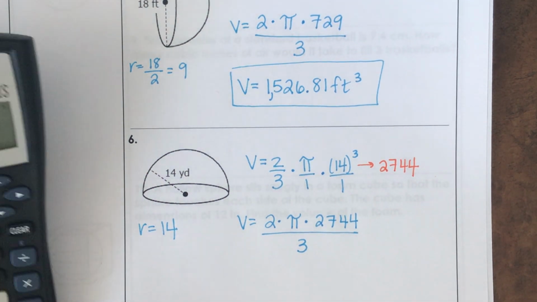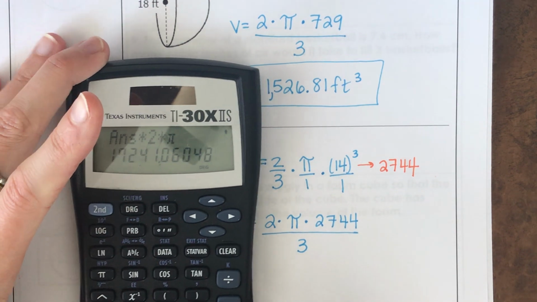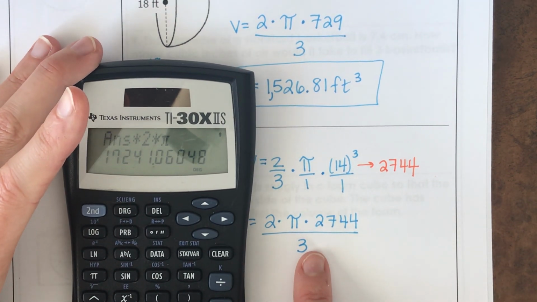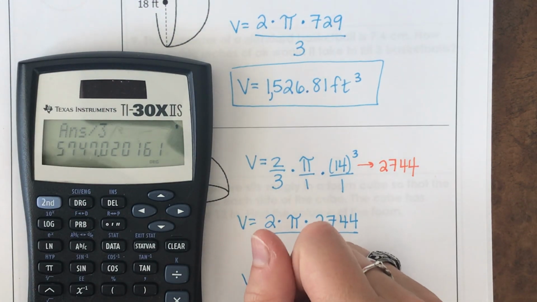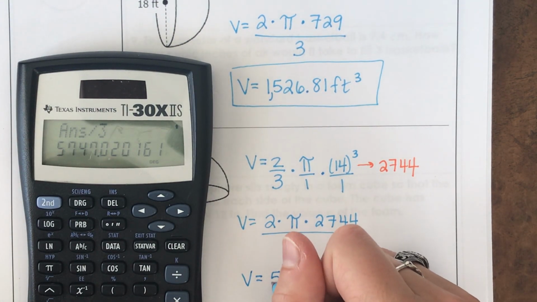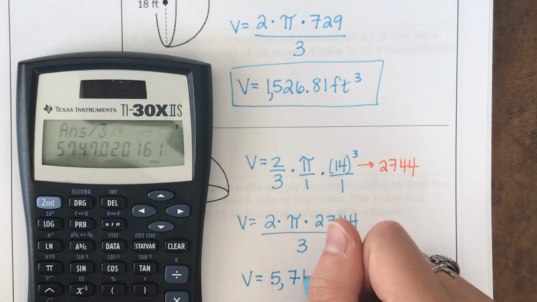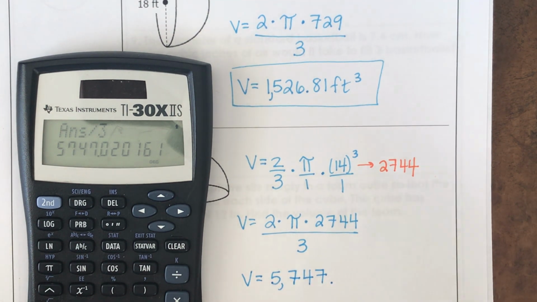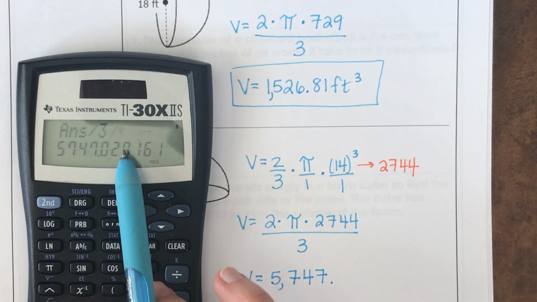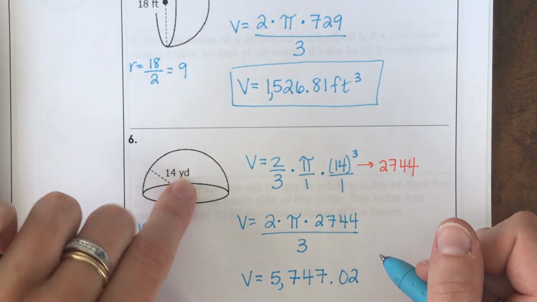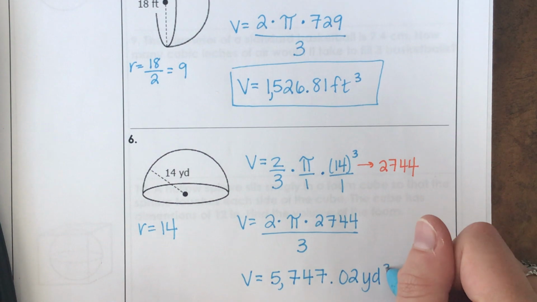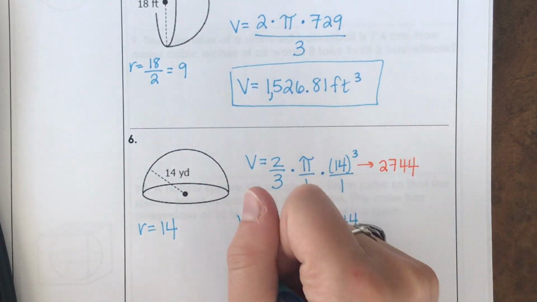Oh yeah, look at that number, 17,000. Woo! And then I divide it by 3, and I get my volume is 5,747 point. I've got 02, the number after the 2 is a 0, so it stays 02. My label is yards, and it's cubed for volume.